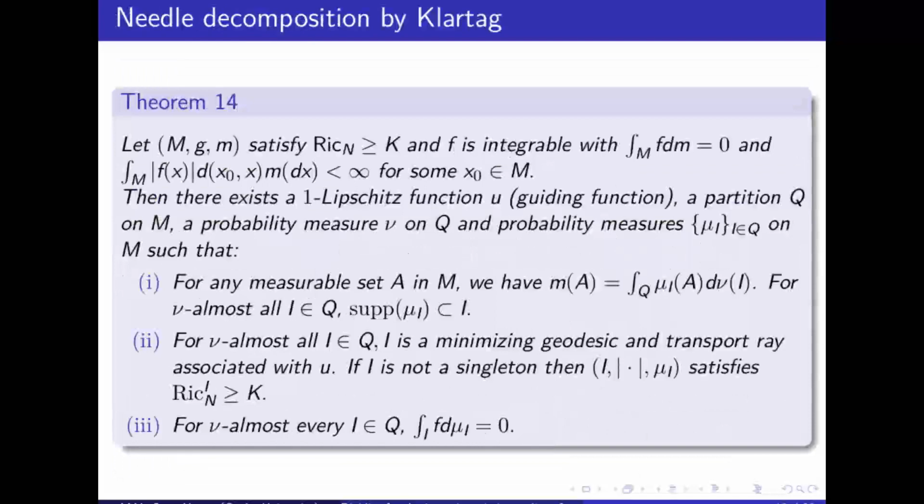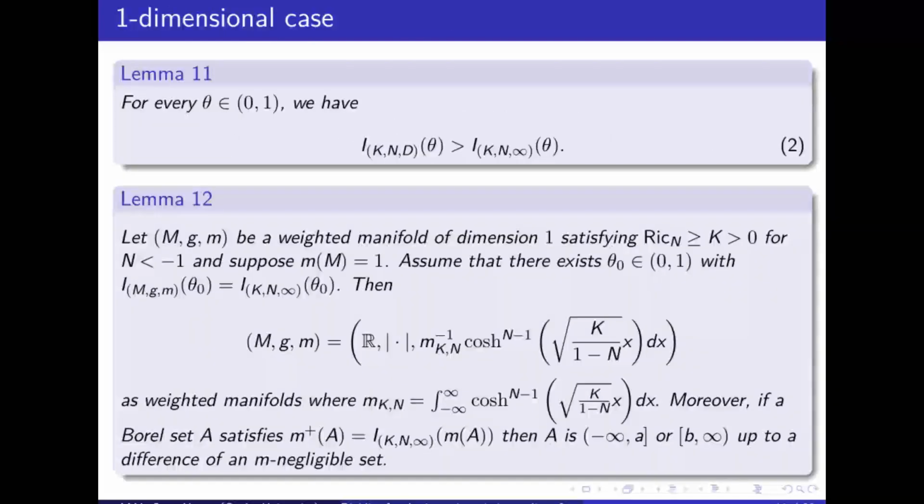And the calculation in Lemma 11 makes sure that we can remove the diameter bound. Moreover, if a set of volume theta has Minkowski boundary equal to the lower bound of the isoperimetric profile, then this set must be a one-dimensional half space.